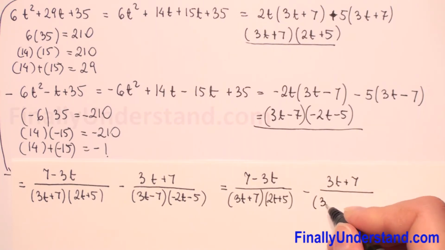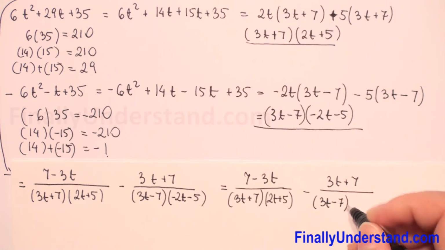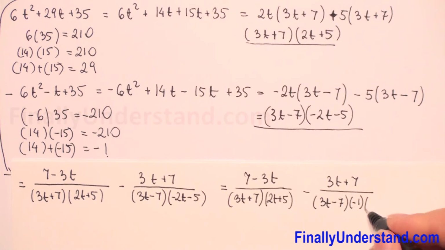First we copy 3t minus 7, and the negative sign I will factorize, so it will be 2t plus 5 in parentheses now.